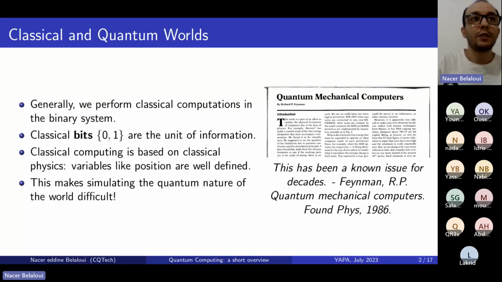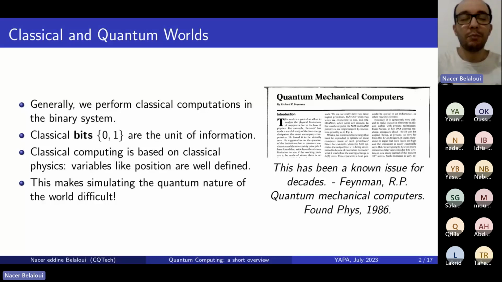In classical computations, we generally use binary systems. So we use bits, zeros or ones, and the zeros and ones are the unit of information in classical computation. Classical computing is based on classical physics, the one that we learn in high school and then keep using in various fields of technology.